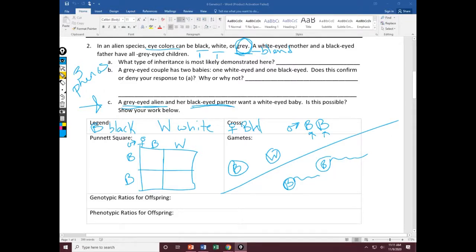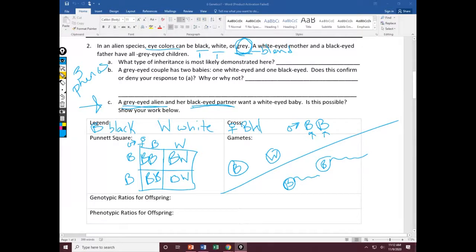So, can our alien couple have a white-eyed baby? No. Why? In this case, there's no offspring that have two W's. So we're 50% black-eyed, 50% gray-eyed.